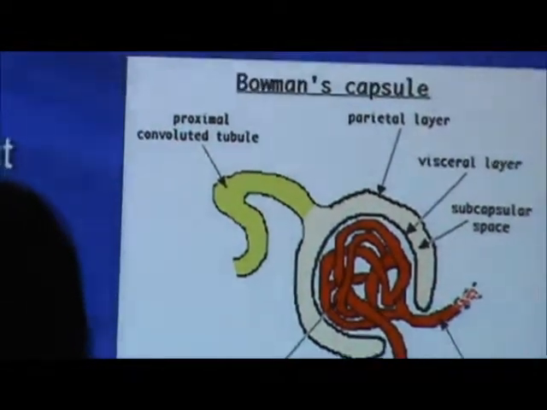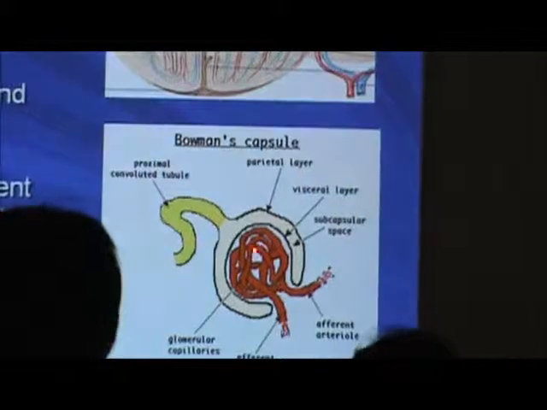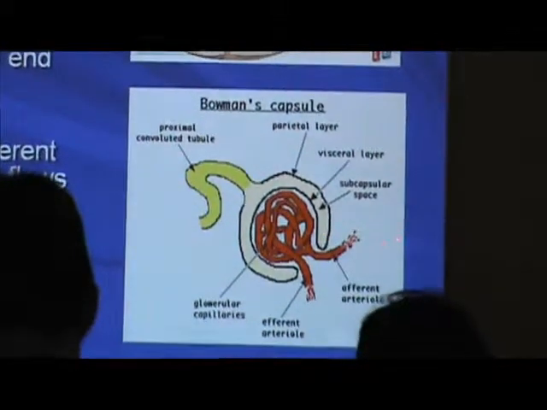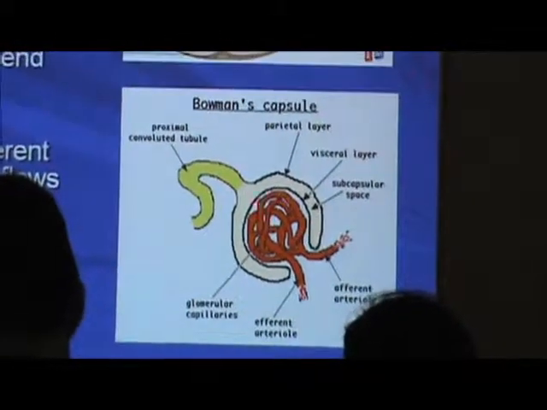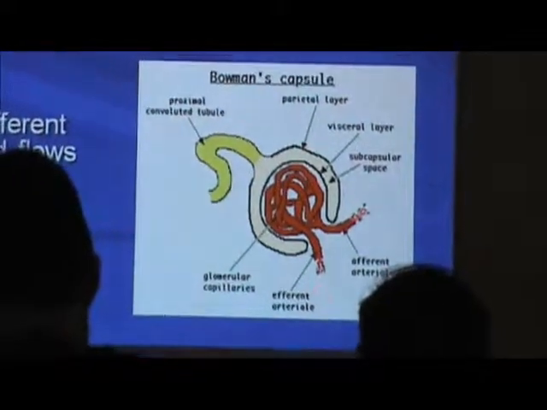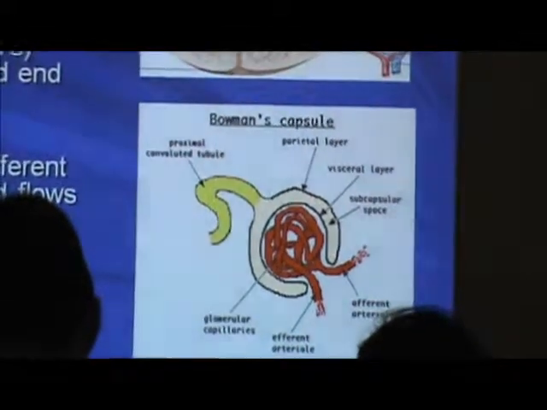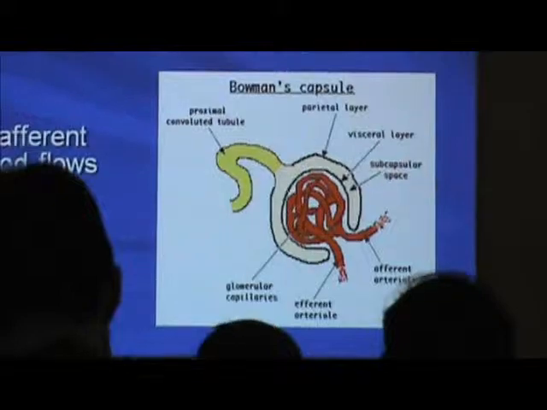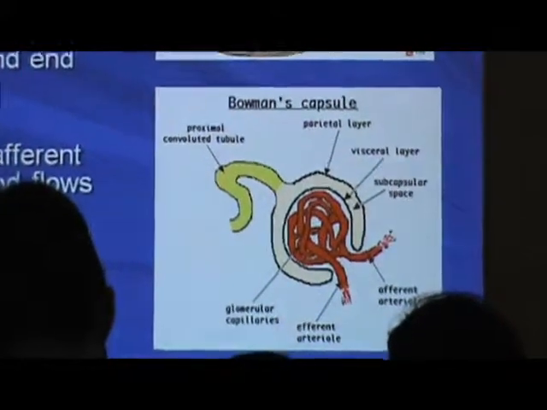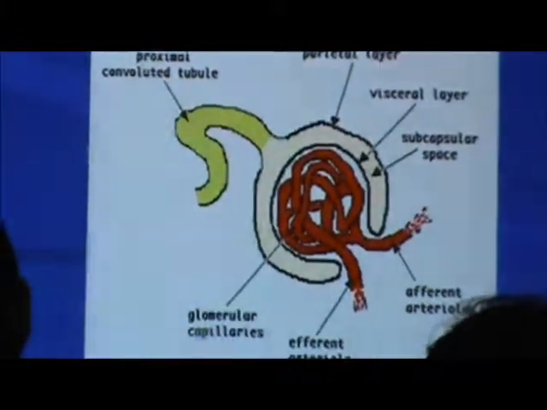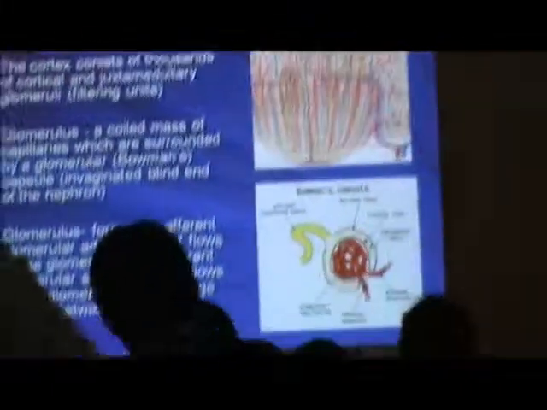So the glomerulus is formed by the afferent glomerular arteriole, so blood flows to the glomerulus, and the efferent glomerular arteriole, so blood flows out of the glomerulus. Look, here is the next strange network. We call it the arterial network.